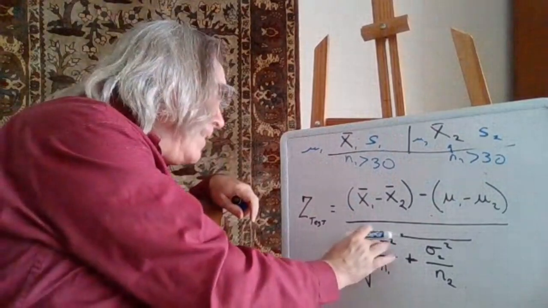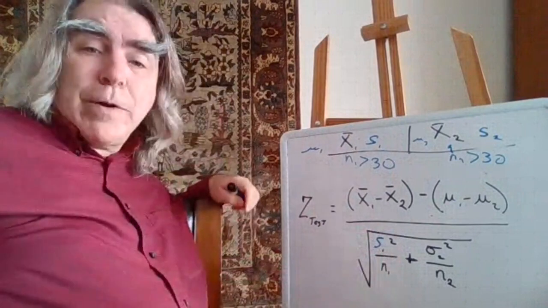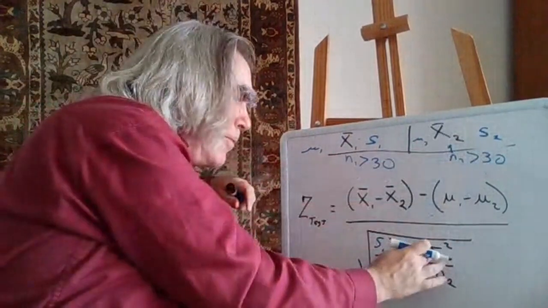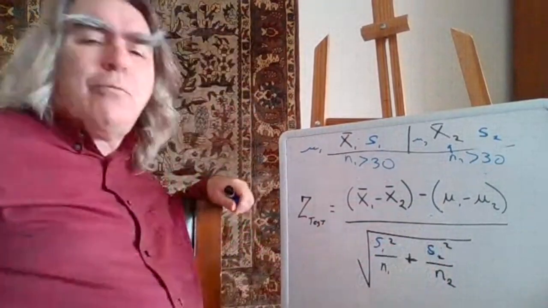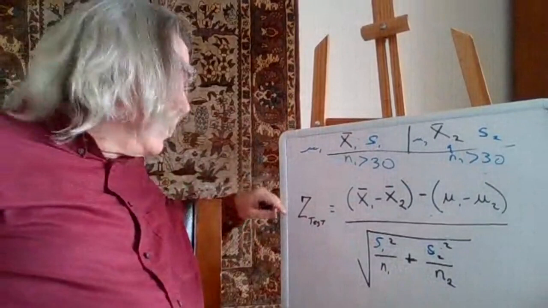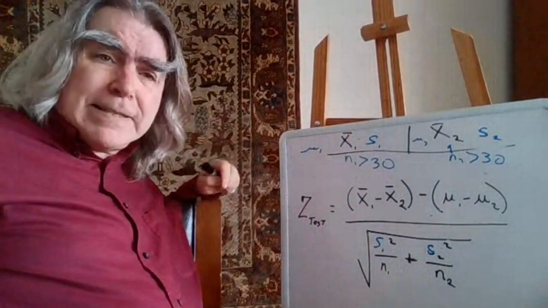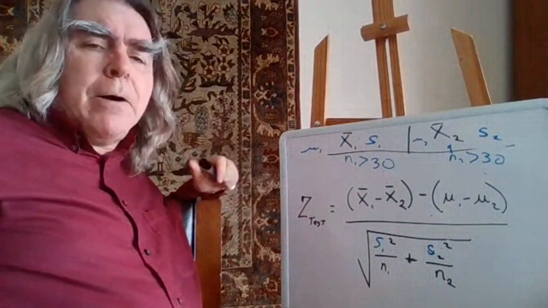So anywhere that sigma is here, you can just replace it with S1 squared and we'll be fine, right? The same thing would be true over here. And then we go develop the z-test statistic, right?